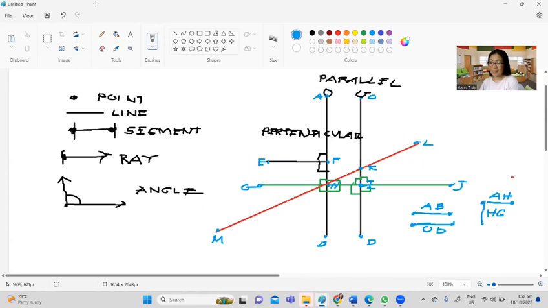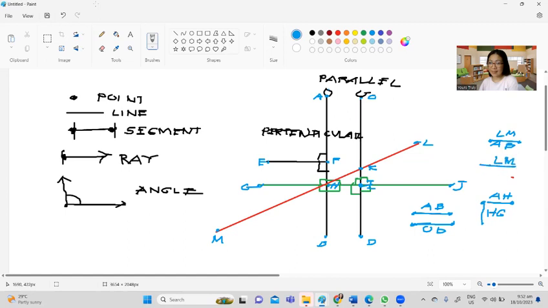So it's perpendicular. And we say that line segment LM is intersecting with line segment, what? It could be AB or CD.